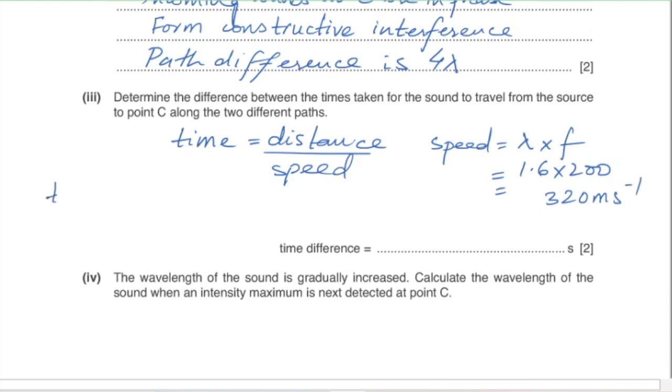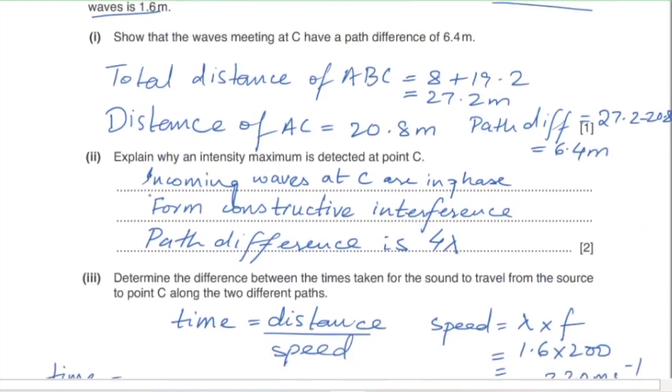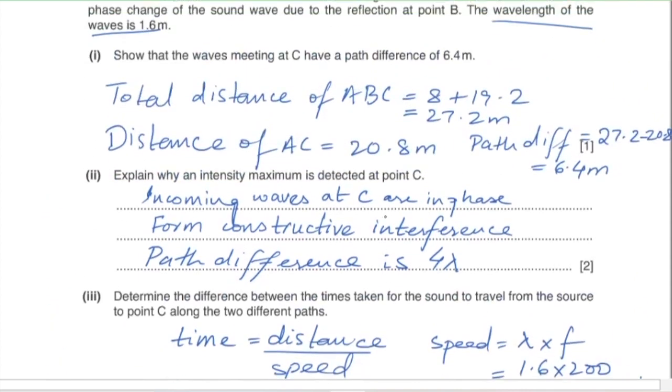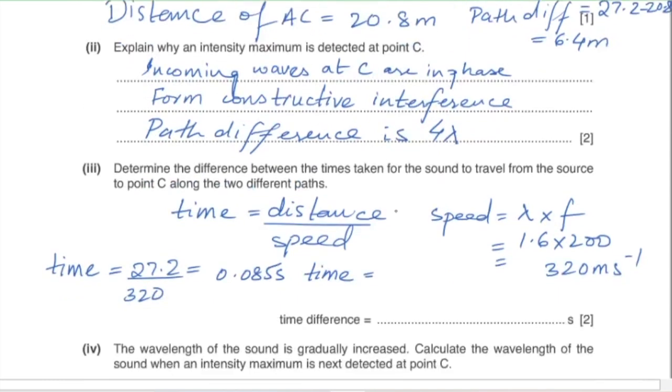Now we will first calculate the time for ABC, which is the indirect route, and the total distance it was covering is 27.2 divided by 320. We'll have the time as 0.085 seconds. And now the time taken for the same sound wave to travel directly from A to C, the distance A to C is 20.8.